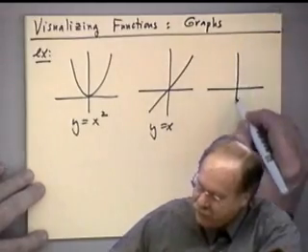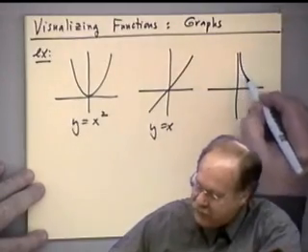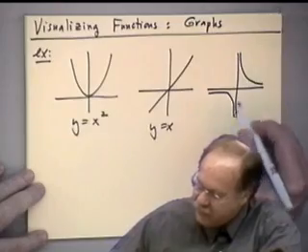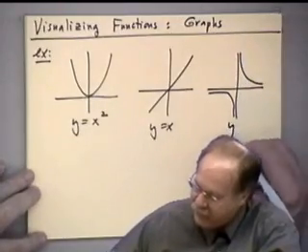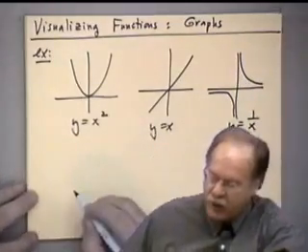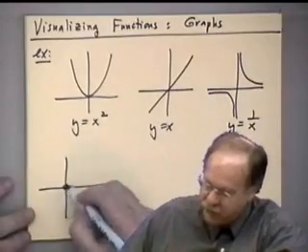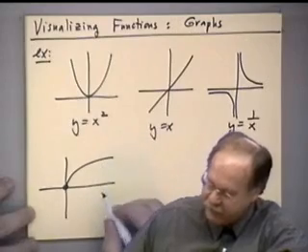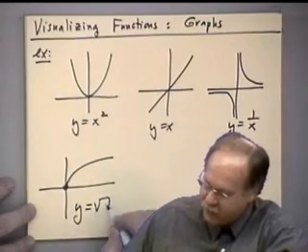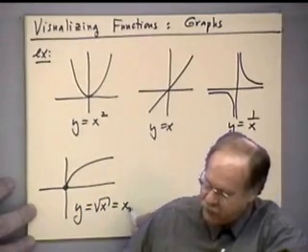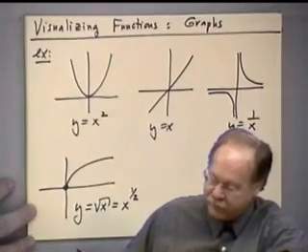Here is another function that will become very important for us. It has the vertical line in the center, what we call an asymptote, and this is the function y equals 1 over x. And here perhaps is another example where it starts at the origin and goes off to the right like this. This is the function y equals the square root of x, which we can also write as x to the 1/2.